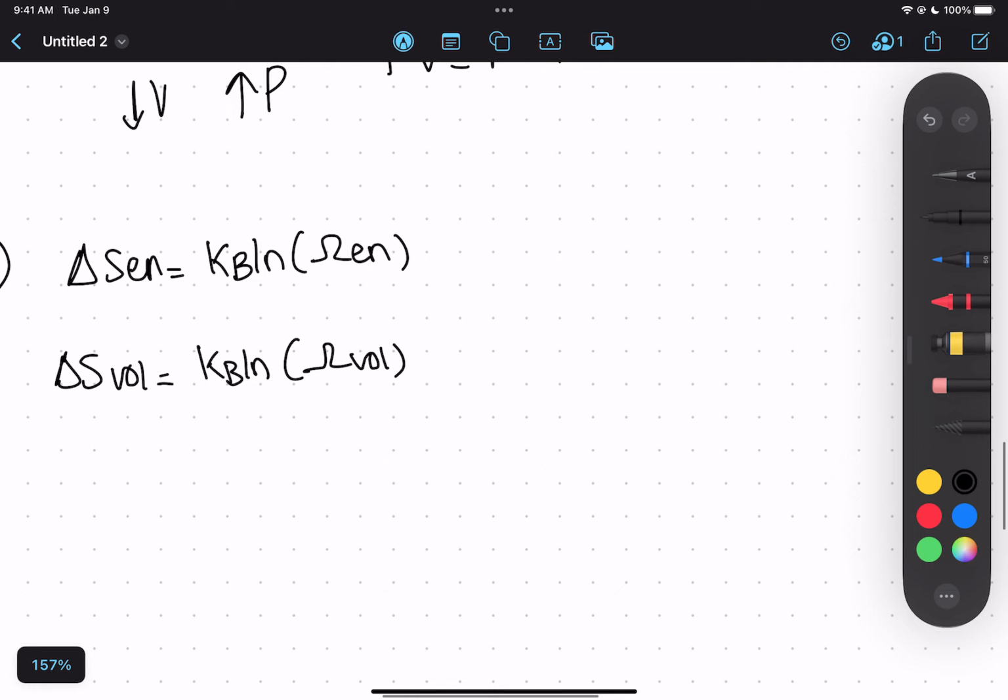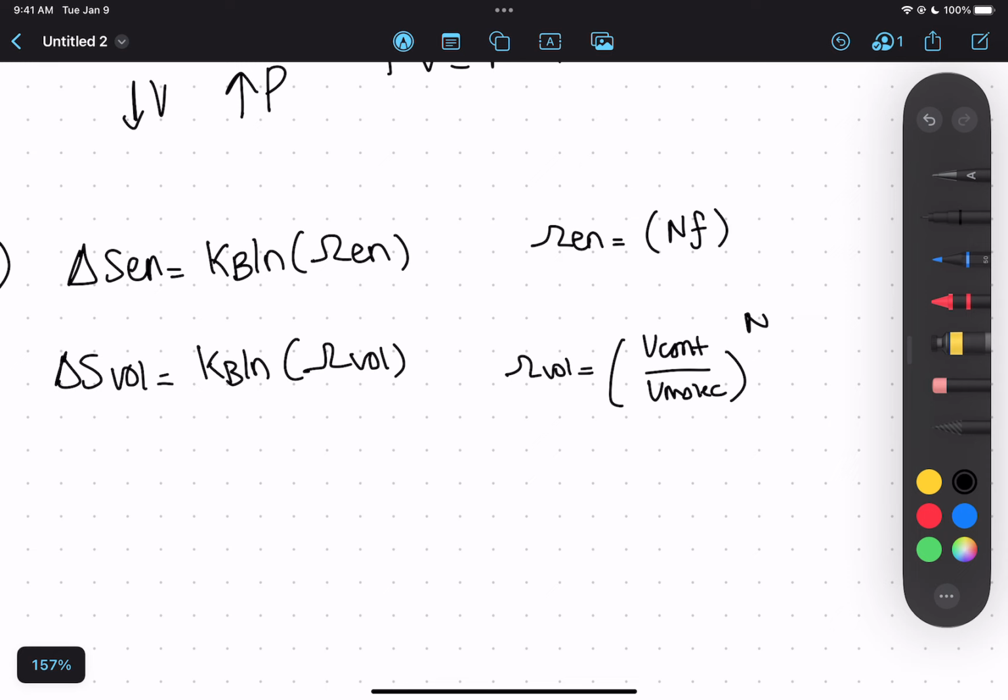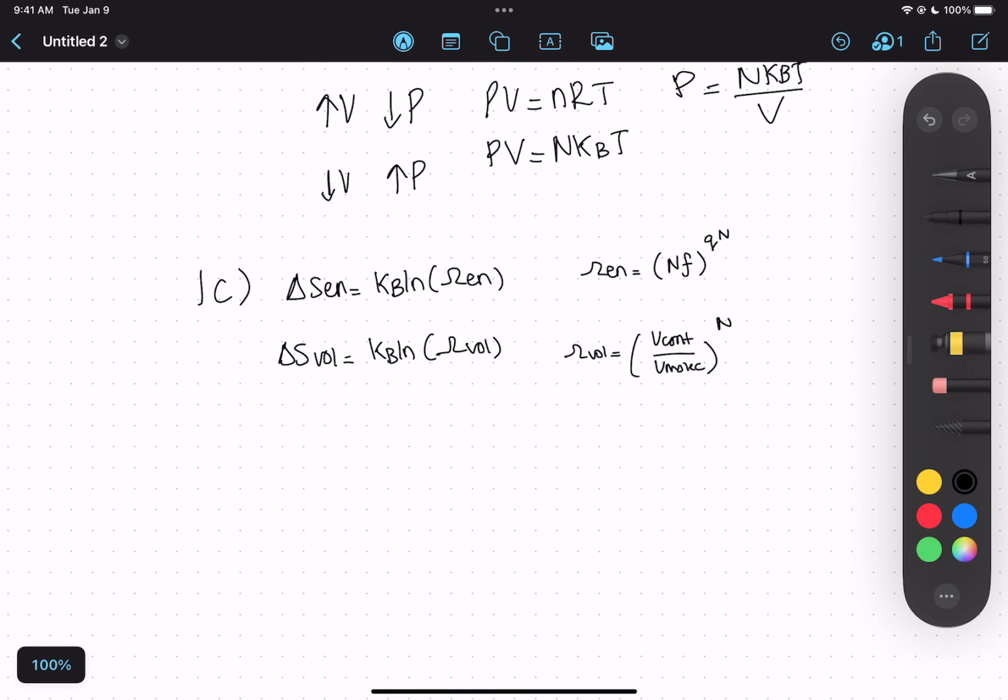Like you said, the volumetric multiplicity is V container over V molecule raised to the power of n. And then the energetic one uses the total degrees of freedom, the number of molecules times the degrees of freedom per molecule, raised to the power of Q energy blocks per molecule times the number of molecules. So that's the general format you're using for C.